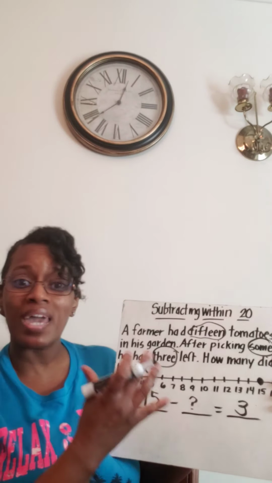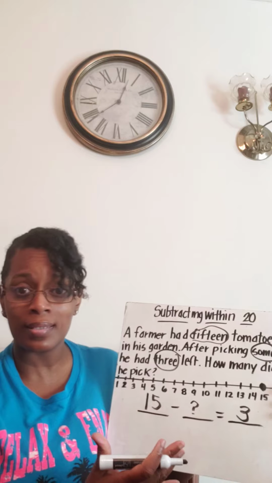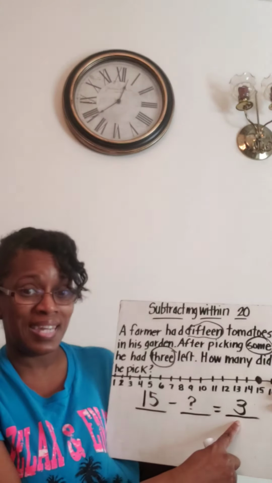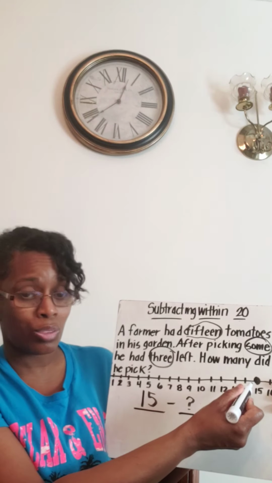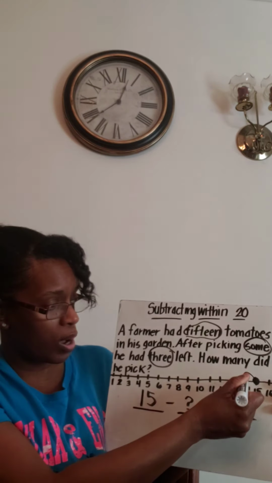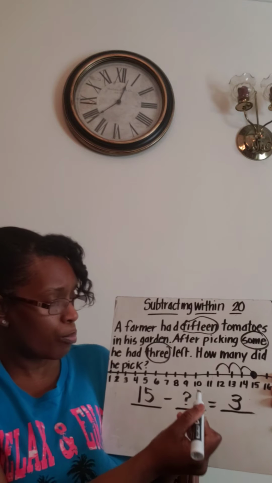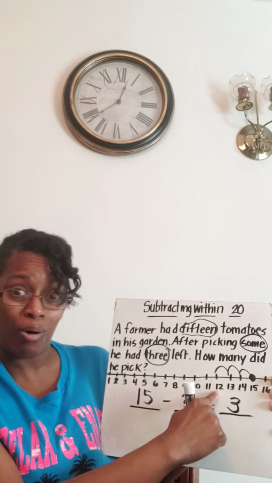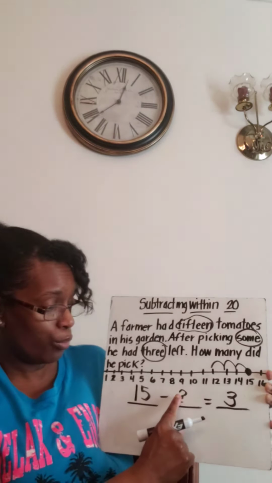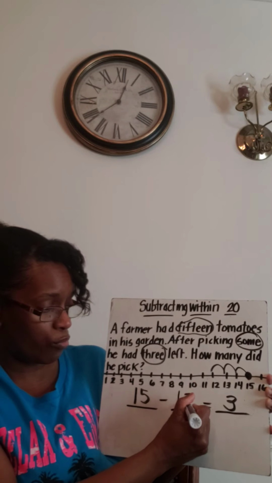Then we know that he picked some. We don't know how many he picked, but we know how many he had left. So we're still going to have to count back 3. So here we go. 1, 2, 3. Okay? So, boys and girls, what number did we end up at? 12.